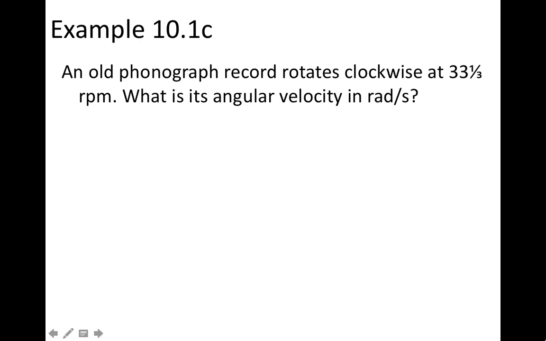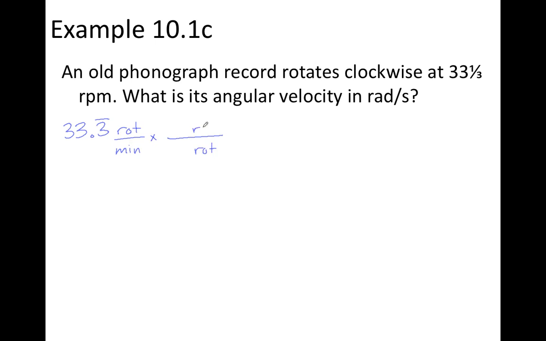On this slide, I'm going to show you how to convert units of angular speed. Here we have an old phonograph record rotating at 33 1/3 RPMs. What is the angular velocity or angular speed in radians per second? So we can start out by taking the original measurement, 33 1/3 RPM, which stands for rotations per minute. Now I don't want units of rotations.